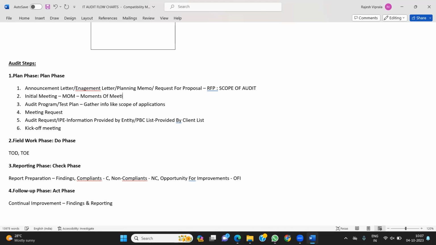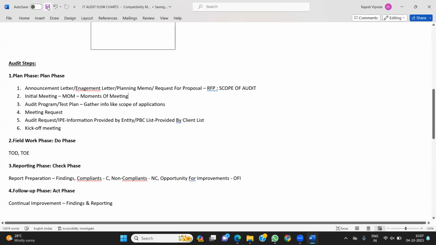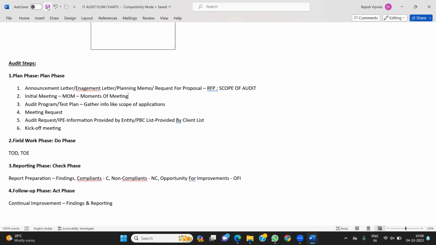Yes, Rajesh. So when this meeting happens, they write down everything from the introduction till the audit scope, associated stakeholders, associated departments, then the laws and regulations applicable for this scope. So they will discuss all the points.